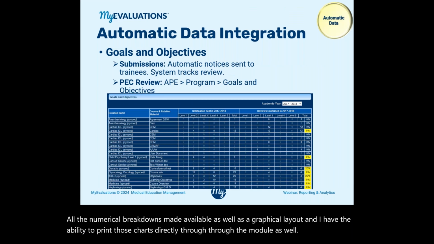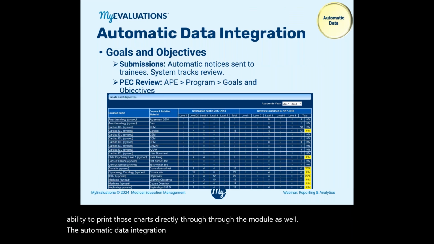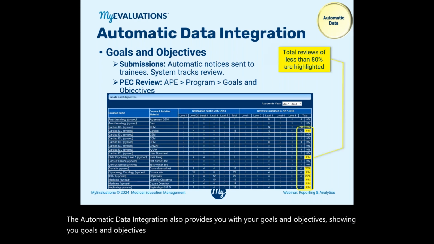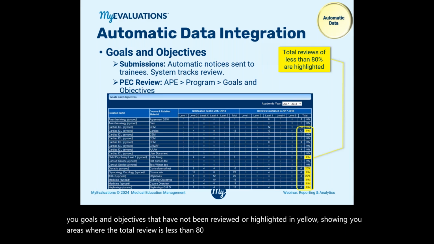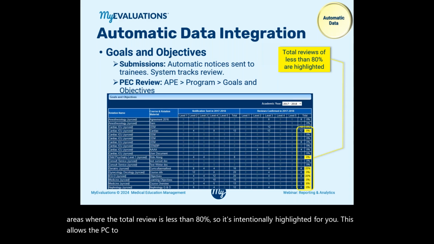The automatic data integration also provides you with your goals and objectives, showing you goals and objectives that have not been reviewed are highlighted in yellow, showing you areas where the total review is less than 80%, so it's intentionally highlighted for you. This allows the PEC to review those goals and objectives and see what changes they need to make.